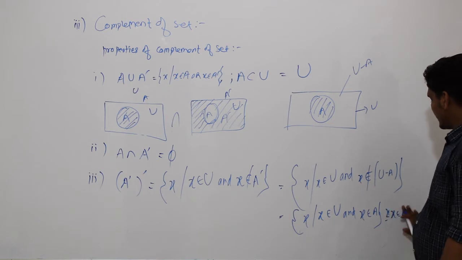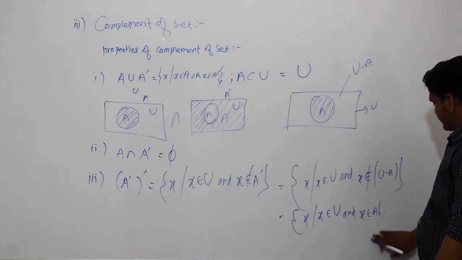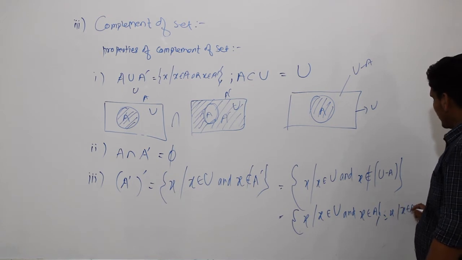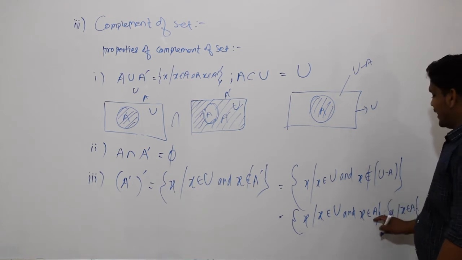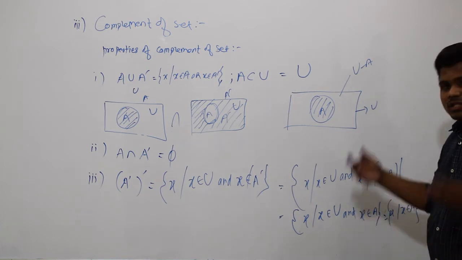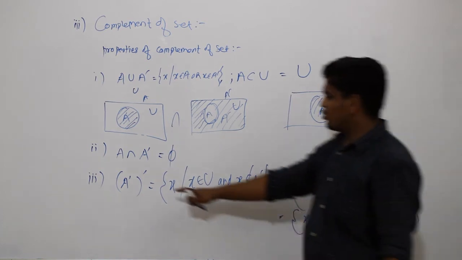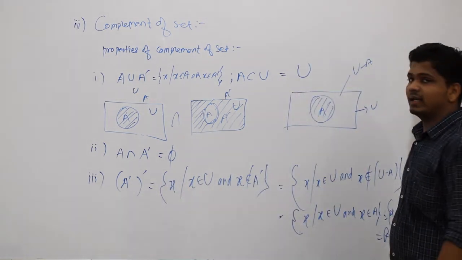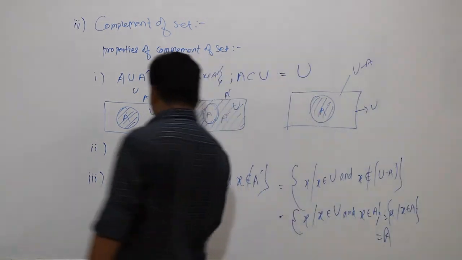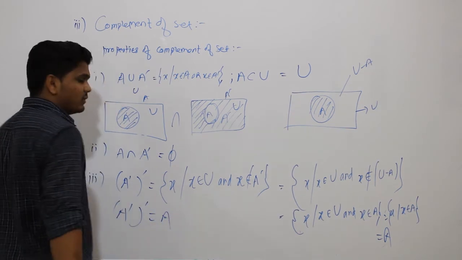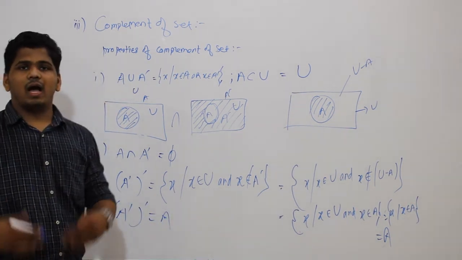What is common between A and U? Just A. So this is nothing but A. The complement of A dash has become A again, which means complement is again idempotent.